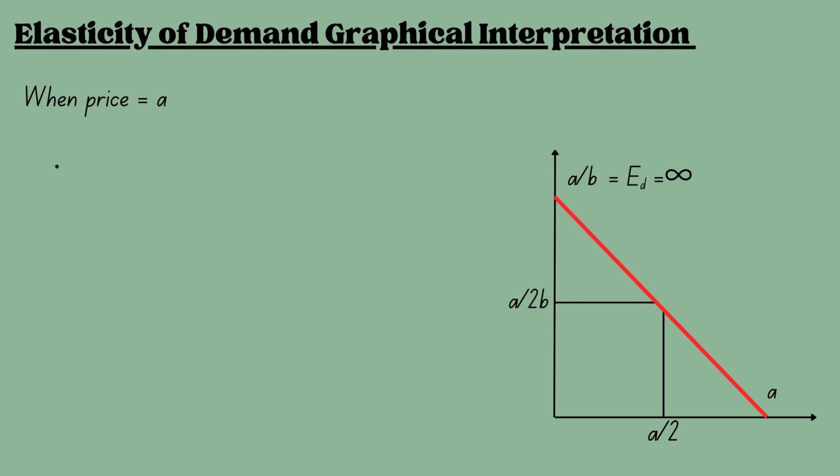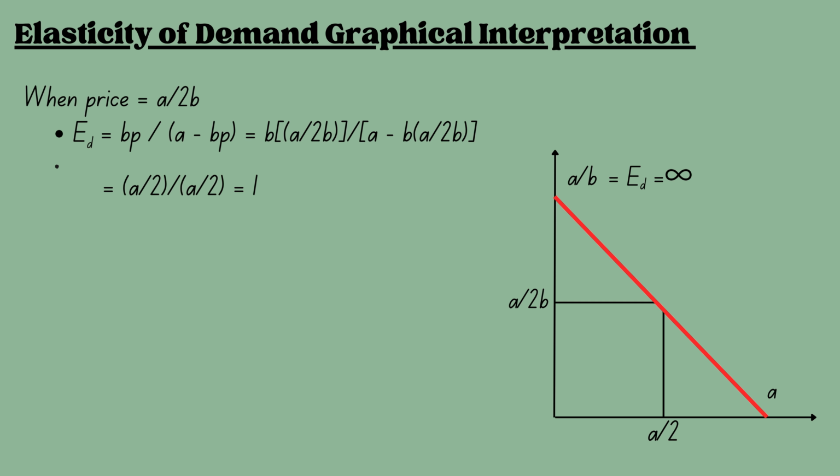Next, we look at when price is equal to A upon 2B, or elasticity of demand at the midpoint of the demand curve. Substituting the value of P by A upon 2B in the elasticity of demand equation, we will get B into A upon 2B whole divided by A minus B into A upon 2B, which is equal to A upon 2 upon A upon 2, which would be equal to 1.